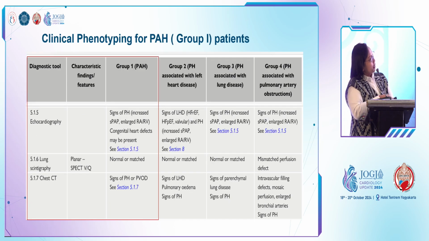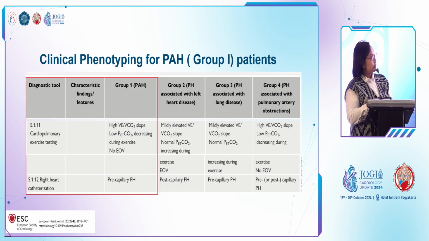Sometimes a CT scan is necessary when we suspect lung disease, to see the thoracic CT and the involvement of the parenchyma. For example, in a patient with interstitial lung disease, we will see the abnormality in the chest CT. And sometimes we can notice whether there is a presence of pulmonary embolism or not. That will differentiate the type of PH for those patients.